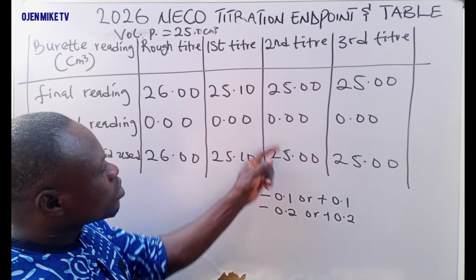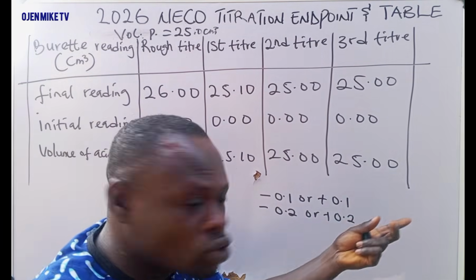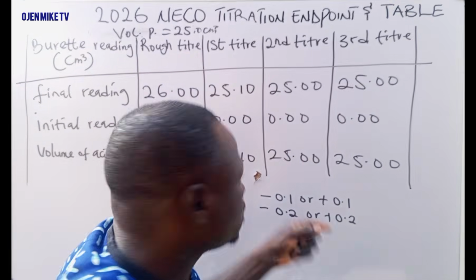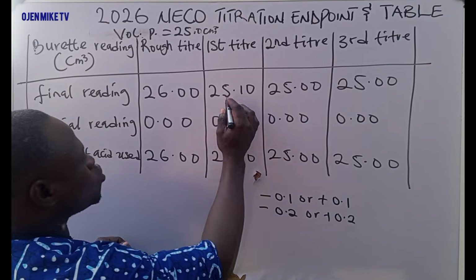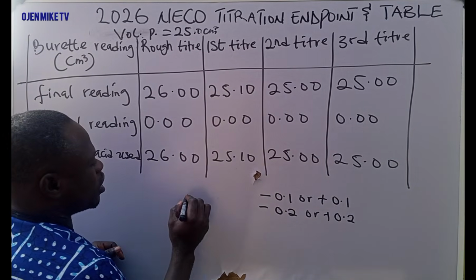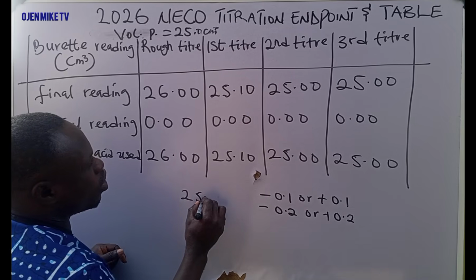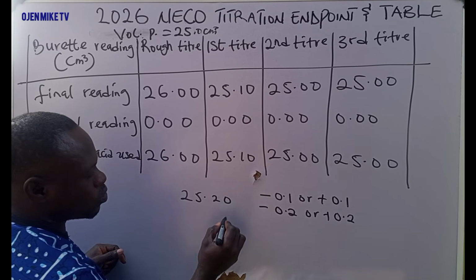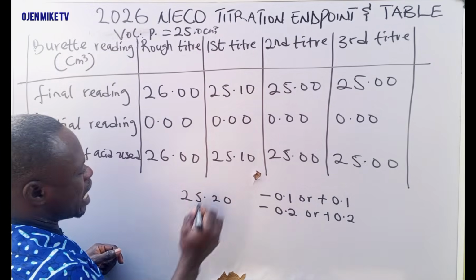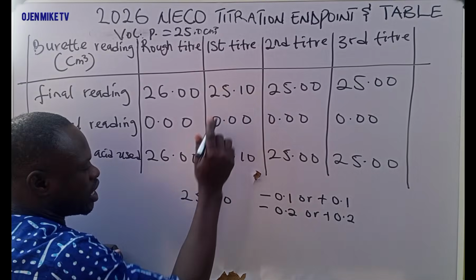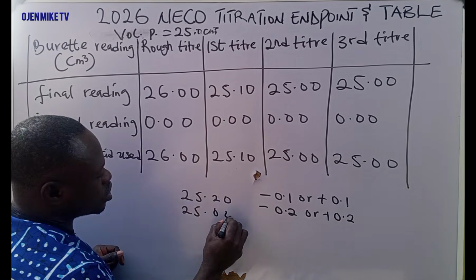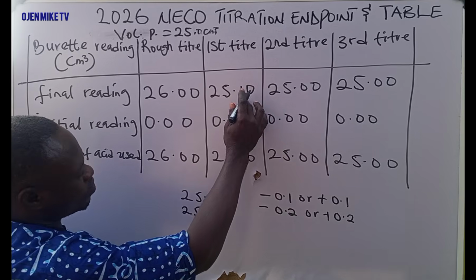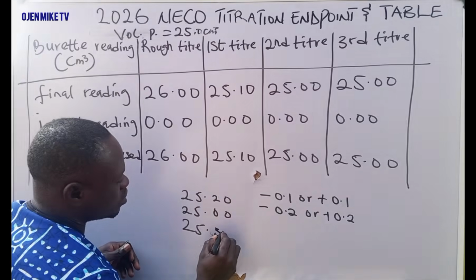It means that if you are preparing for each student, like for instance now, if the first student has 25.10, another one can have 25.20, or it can have 25.00. It can have this minus 0.1.